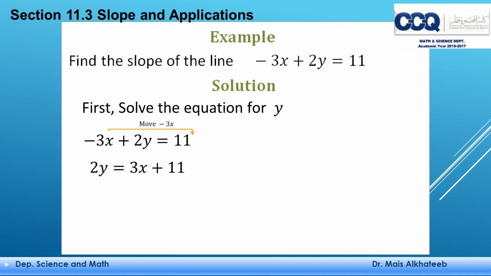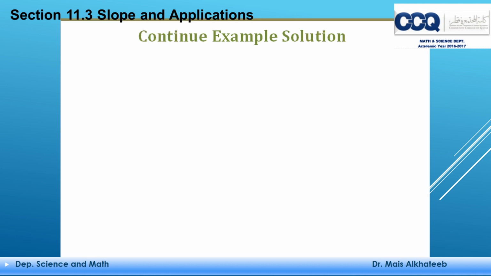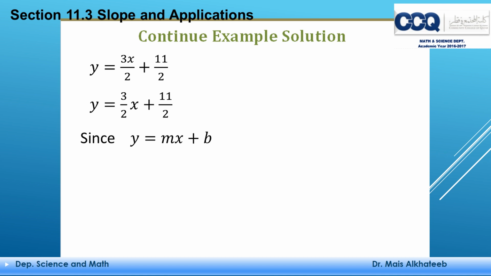Now y has to be alone, so I have to divide all the equation, or each side, by 2. فبتقسمي الطرف الأول على 2 والطرف الثاني على 2. 2 مع 2 راحت بالطرف الأول، الطرف الثاني 3x plus 11 على 2 بصير 3x على 2 plus 11 على 2. تمام 3 على 2x plus 11 على 2 يعني 3 على 2 هي مين؟ 3 على 2 هي الام.